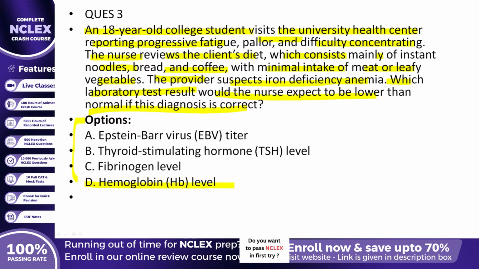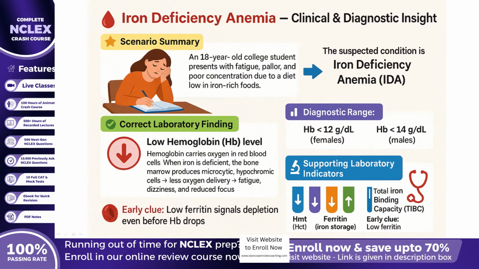When a client presents with fatigue, pallor, and poor dietary intake, iron-deficiency anemia should immediately come to mind. Iron plays a critical role in forming hemoglobin, the protein in red blood cells responsible for transporting oxygen throughout the body. When iron levels fall, the bone marrow produces smaller, paler red blood cells, known as microcytic and hypochromic cells, that cannot effectively deliver oxygen to tissues.